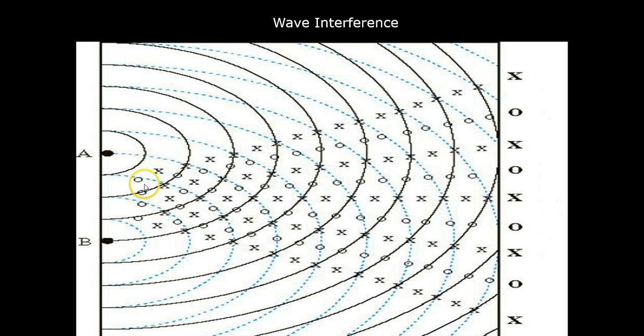So these solid black lines are the crests of the waves produced by the hammer at point A. What's the distance from this crest or black line to this crest or black line? Wavelength, right? Because a wavelength is the distance from one crest to another. So the distance between adjacent black lines is one wavelength.